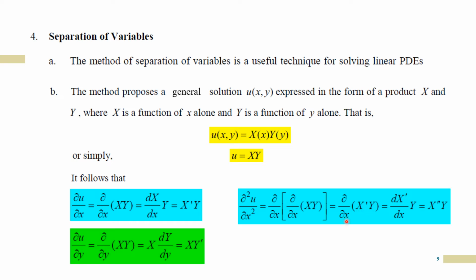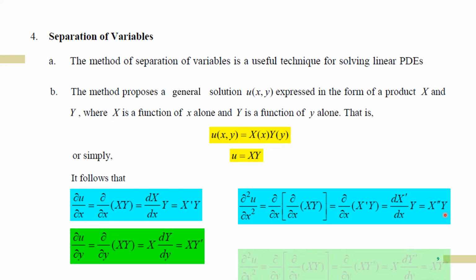Again, this is a function of x alone, so we write dX prime/dx times Y. We change from partial derivative to ordinary derivative because this involves only a single independent variable x. The dX prime/dx can be rewritten as X double prime, and therefore ∂²u/∂x² is the same as X double prime Y.